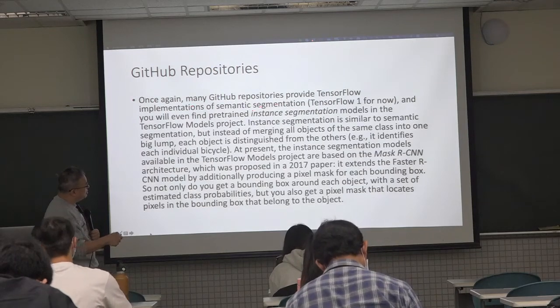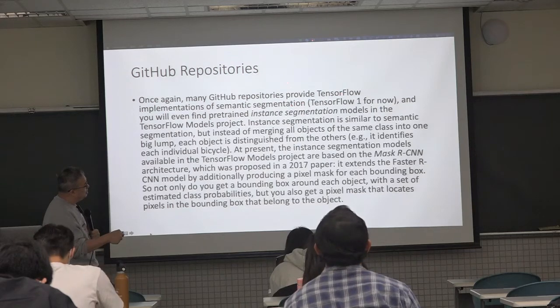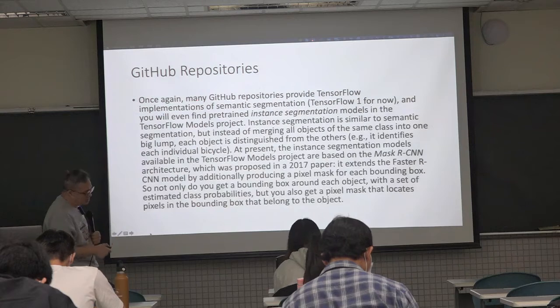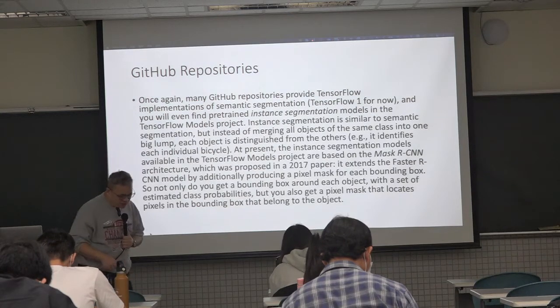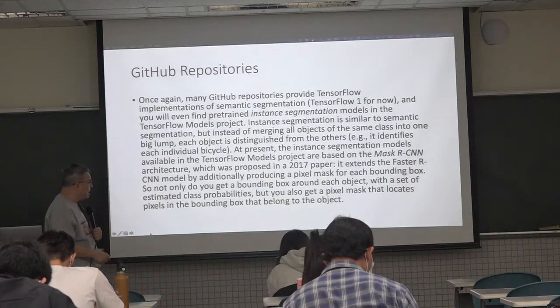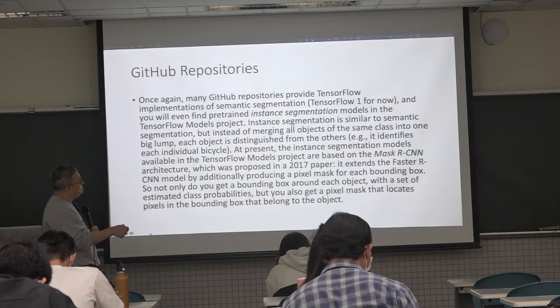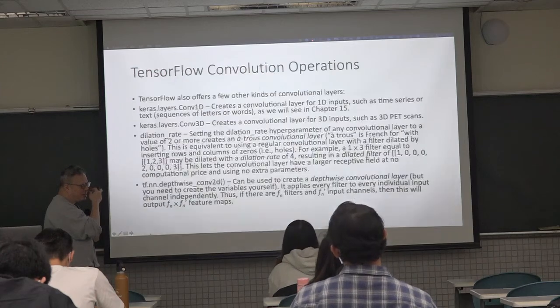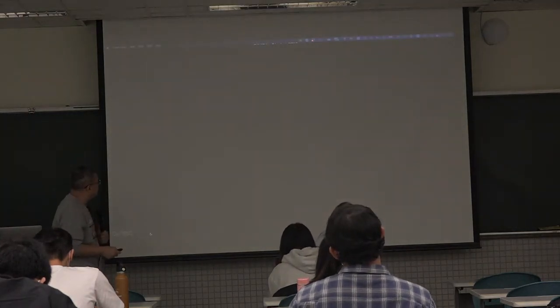But at the time when this textbook was written, there were only TensorFlow 1 implementations of semantic segmentation models. Now I'm sure there are many TensorFlow 2 implementations of semantic segmentation.